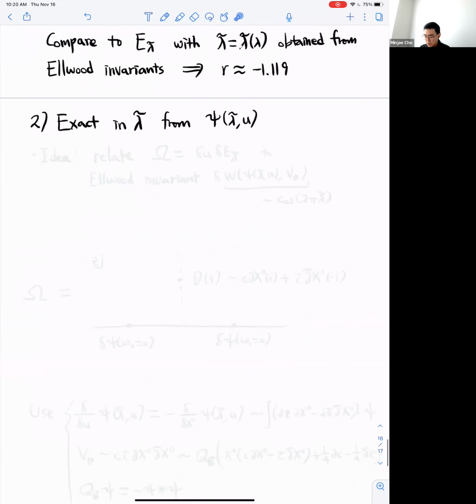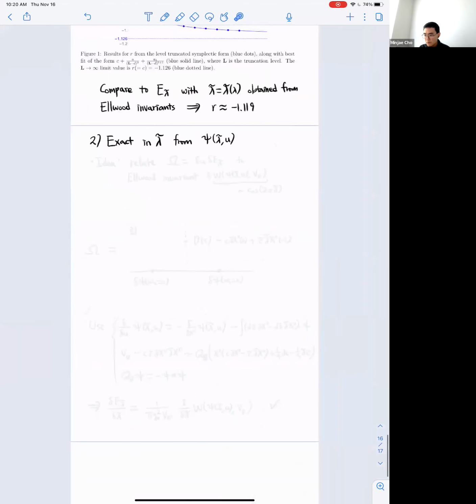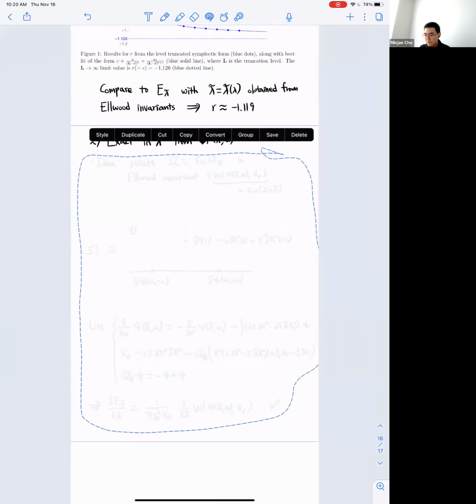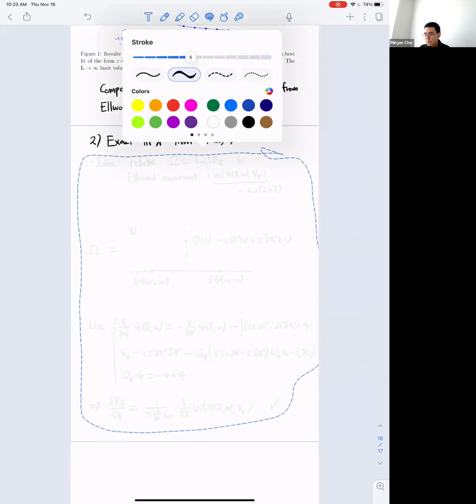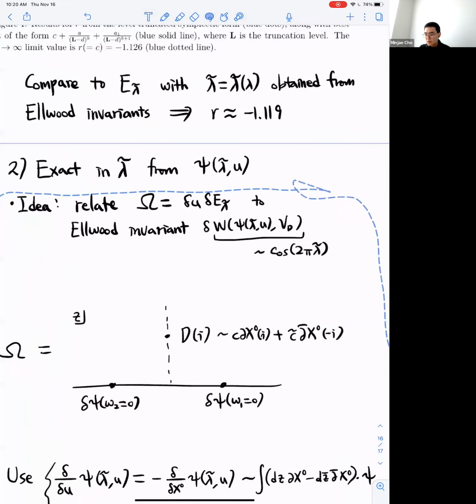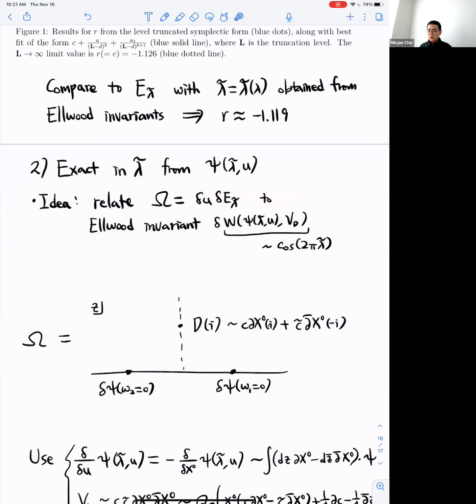So this was for the perturbative solution. I'm going to finally describe what goes on for the full solution. The full solution was written in terms of this lambda tilde variable. And the parameters for the phase space are lambda tilde and u.